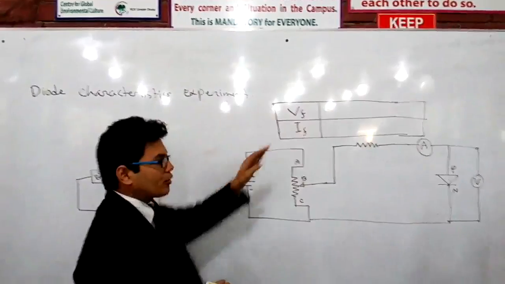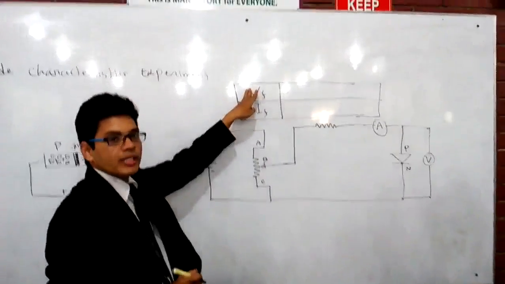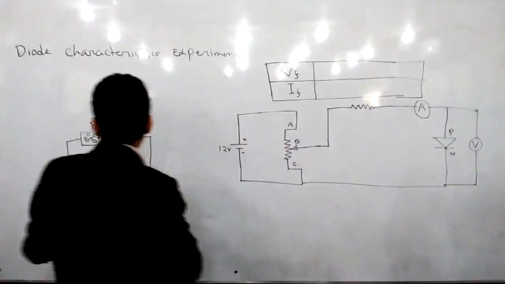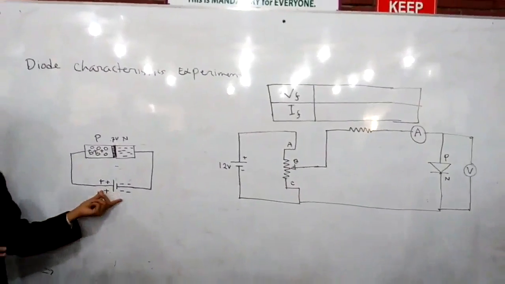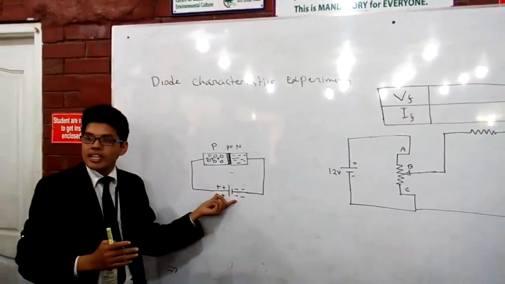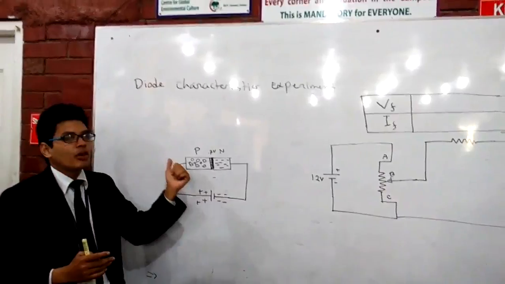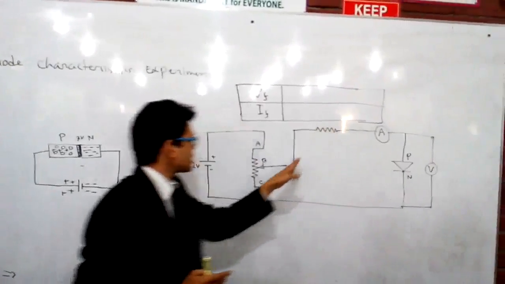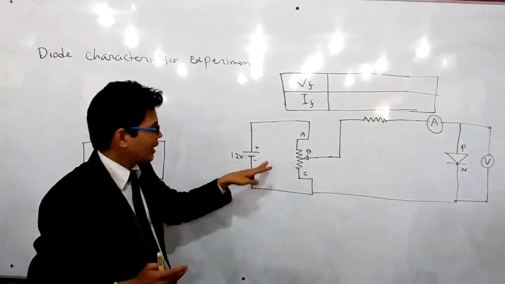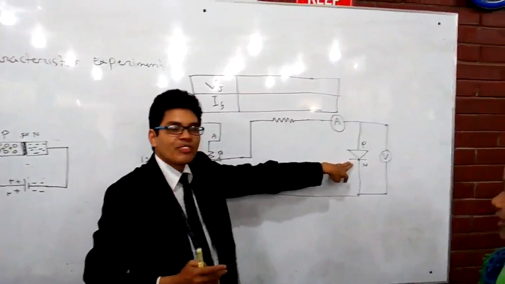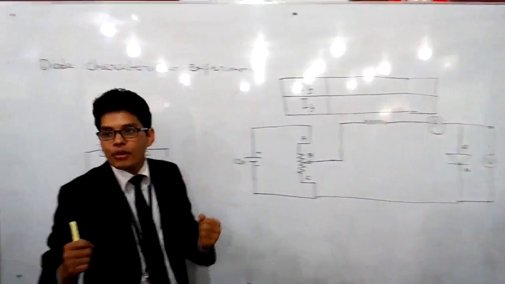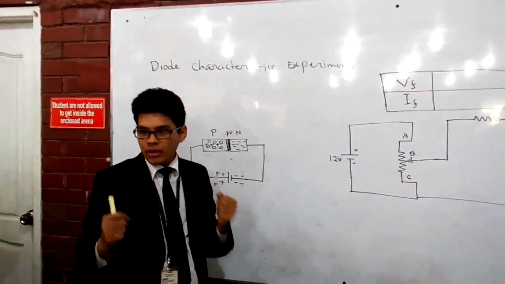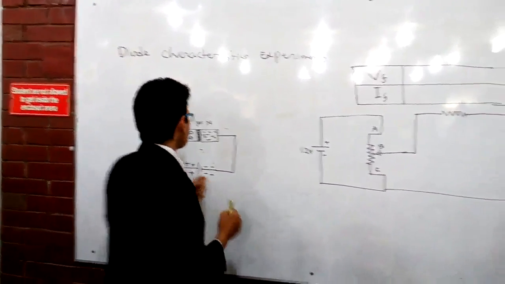Why is this one called forward voltage? Because while we are taking the values, the diode is in forward bias state. Can you see? The P type of the diode is connected to the positive, right? And the N type of the diode is connected to negative. That is why it is in forward bias state. Got it? Yes, sir. Okay.